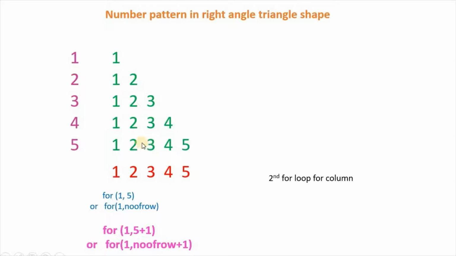So columns depend on row. So for the second for loop, range starts from 1 and it depends on row. So if there are 5 rows, we need range till 6. So row plus 1.